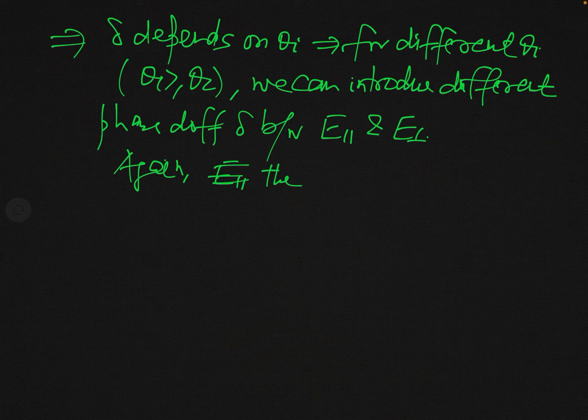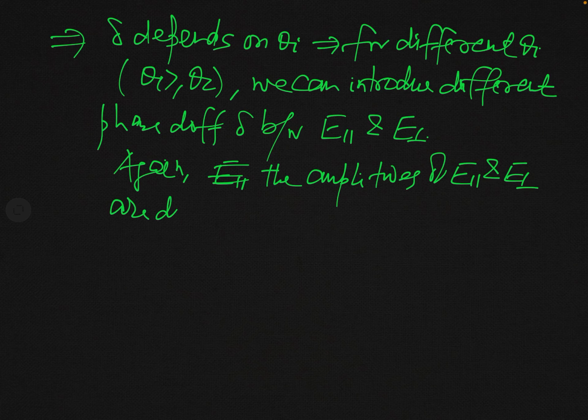And again we know that the amplitudes of E parallel and E perpendicular are different. The desired phase difference can be introduced by taking a suitable value of theta I, but there is only one restriction, that this theta I should be greater or equal to the critical angle.